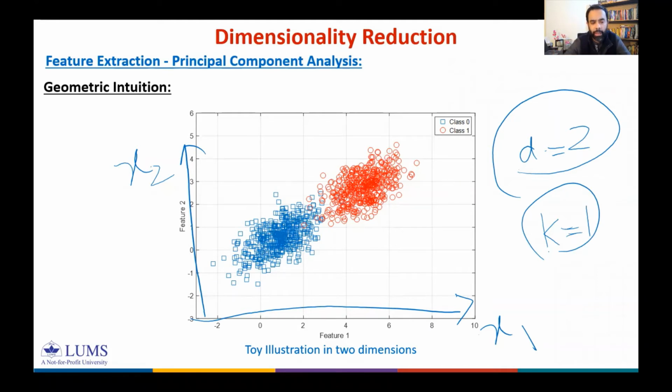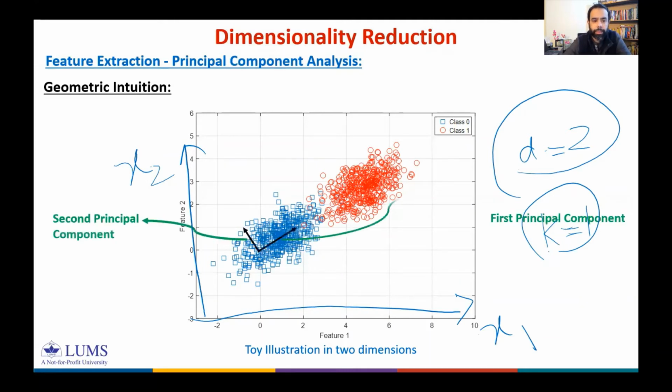So when you carry out principal component analysis in R2, you will again get two orthogonal, perpendicular component vectors. When I carry out PCA on this data, I get these two principal components, right?